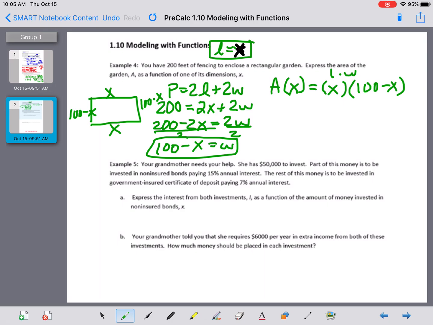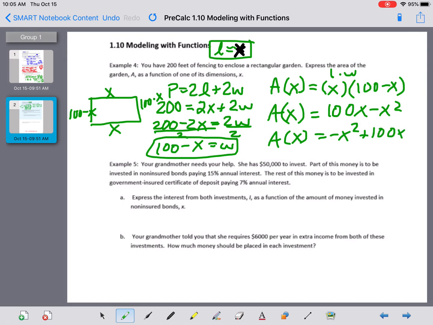And again, if I want to, I can distribute that out. I can get 100x minus x squared. If you want to write it how a nice function looks, you can write it negative x squared plus 100x. I mean, options here, right? And again, I'll try to make sure I tell you to multiply it out, or you can just leave it as the multiplication or something like that. The key thing is making sure your variables both go into the same using that x.